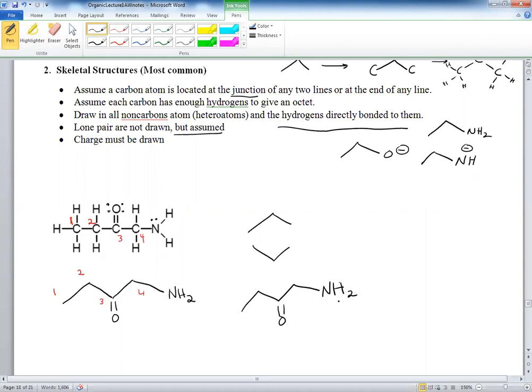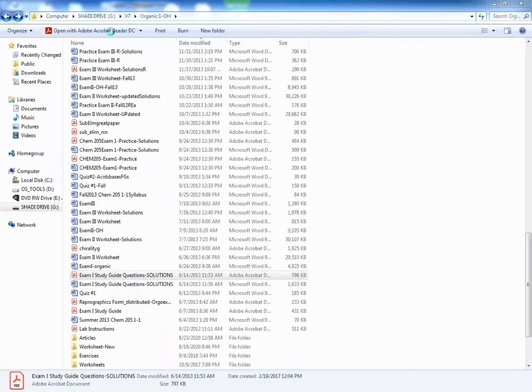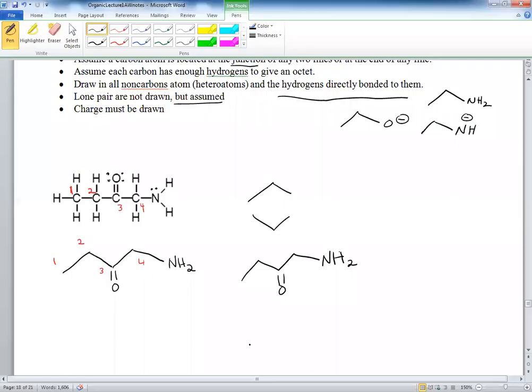It's a little bit difficult to work with, but you can see my structure is right there. I did not show the H's. I cannot show the H's. So I may know there's a carbon here, there's a carbon there, carbon, carbon. Here's an oxygen, here's a nitrogen with these 2 hydrogens.